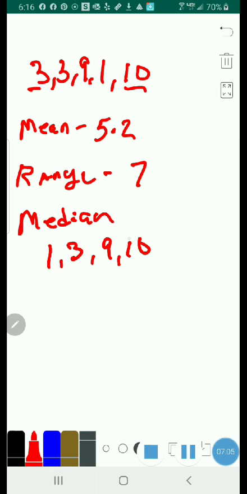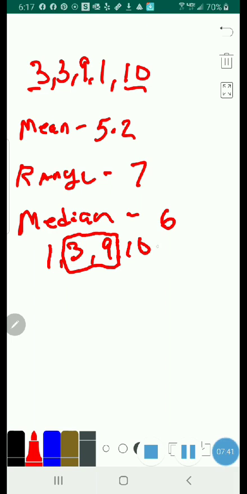Because we don't have to write 3 but 1 time because it's a repeating number. So now we have to find the average of the 2 numbers in the middle, because there's 4 numbers. When you have an even number, you're going to have to find the average of 2 numbers. So 3 plus 9 is 12, and 12 divided by 2 is 6.